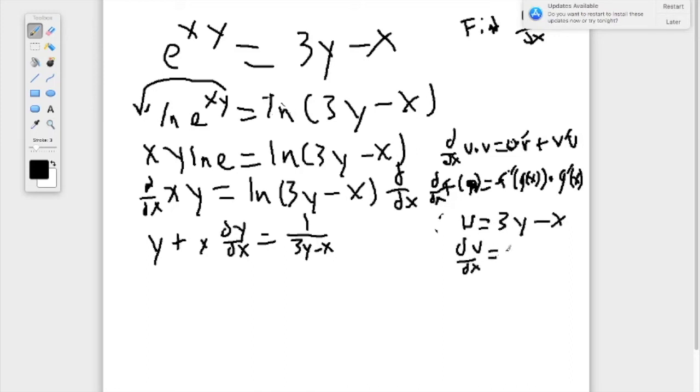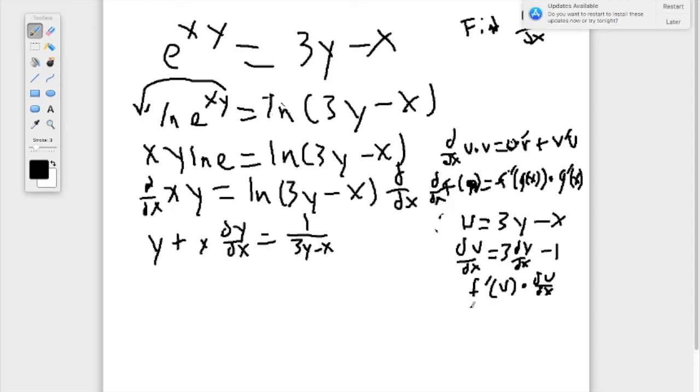That's basically 3 dy dx minus 1. So what you can also do is f prime of u times du dx.